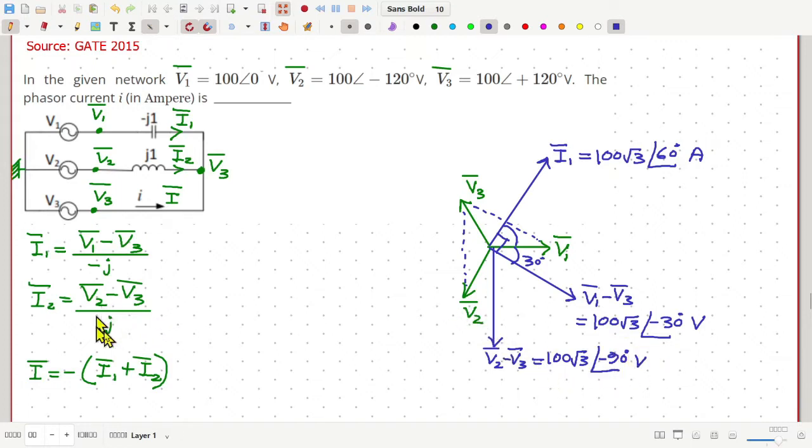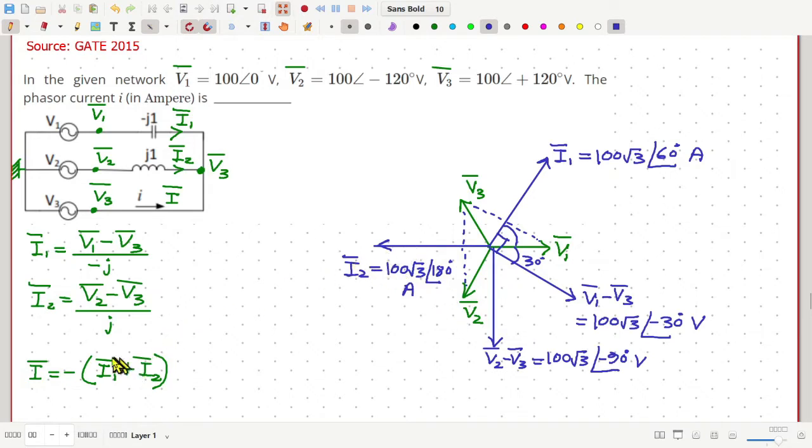Then we have to divide it by J to get current I2. Once we divide it by J, this phasor is rotated clockwise by 90 degrees, and this is current I2. So the magnitude of I2 will be 100 root 3, and the angle is 180 degrees. This is in ampere.